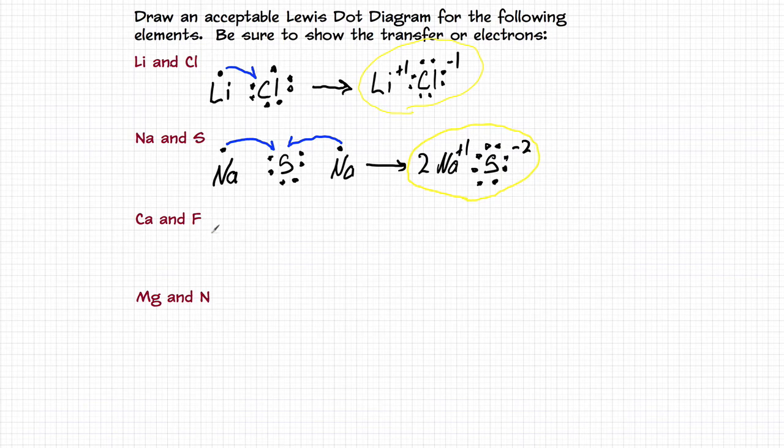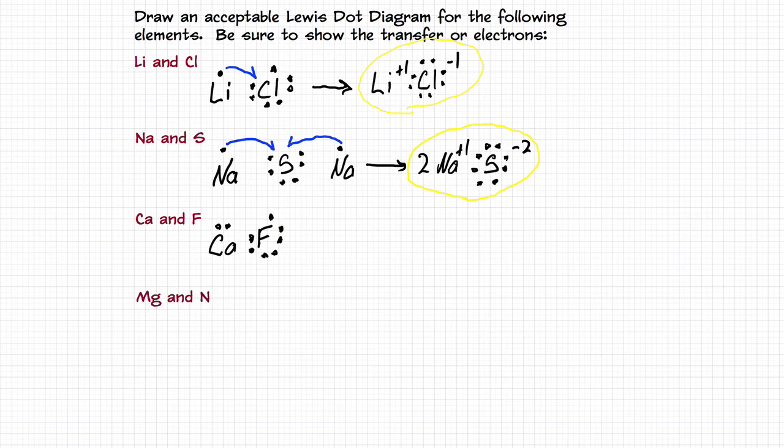For the next one, we have the opposite problem. We've got calcium, who has 2 valence electrons, and we have fluorine, who needs just 1 electron to complete its octet.